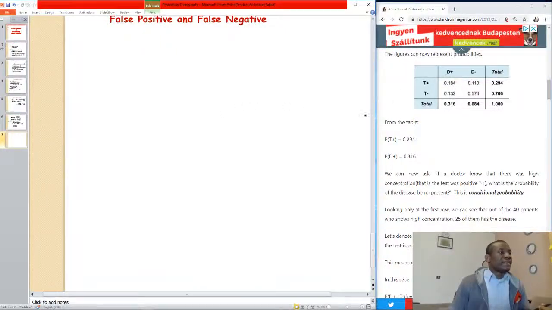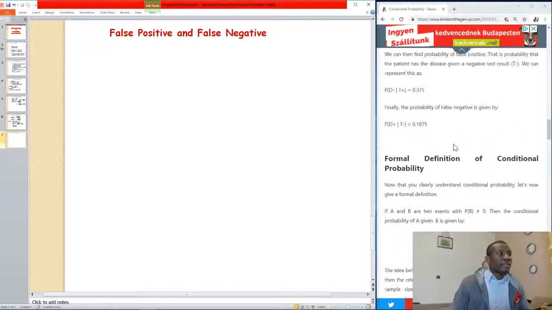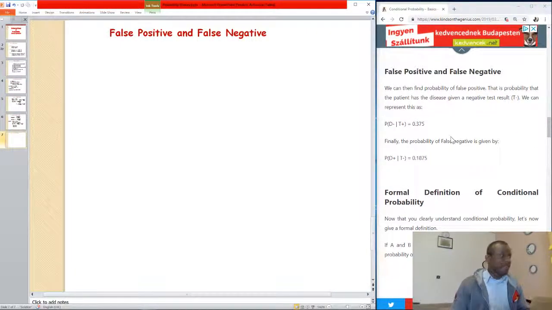Let's formalize this. Before now I gave you a little assignment. I told you to calculate the conditional probability of T plus given D minus. So this is the conditional probability of a false positive happening.